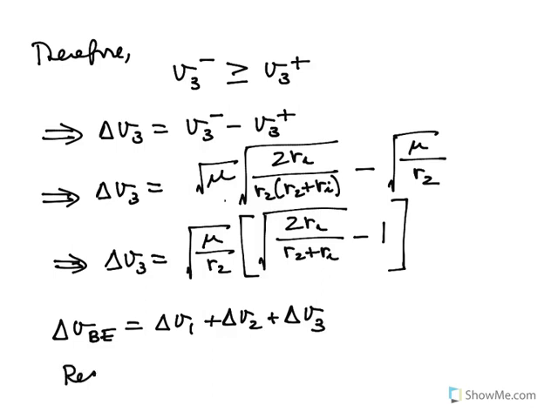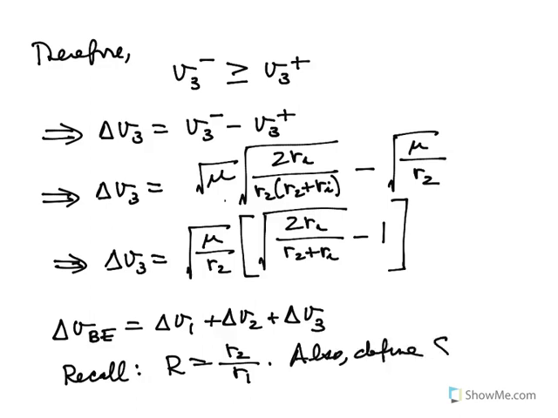Recall from the Hohmann transfer that we had R is equal to R2 over R1. Also, we're going to define a new quantity, S, which is going to be Ri divided by R2.